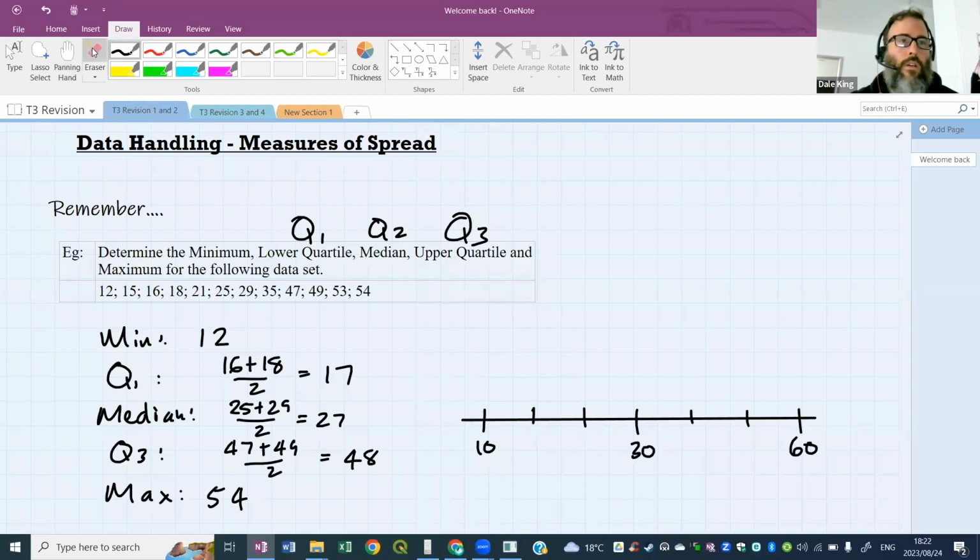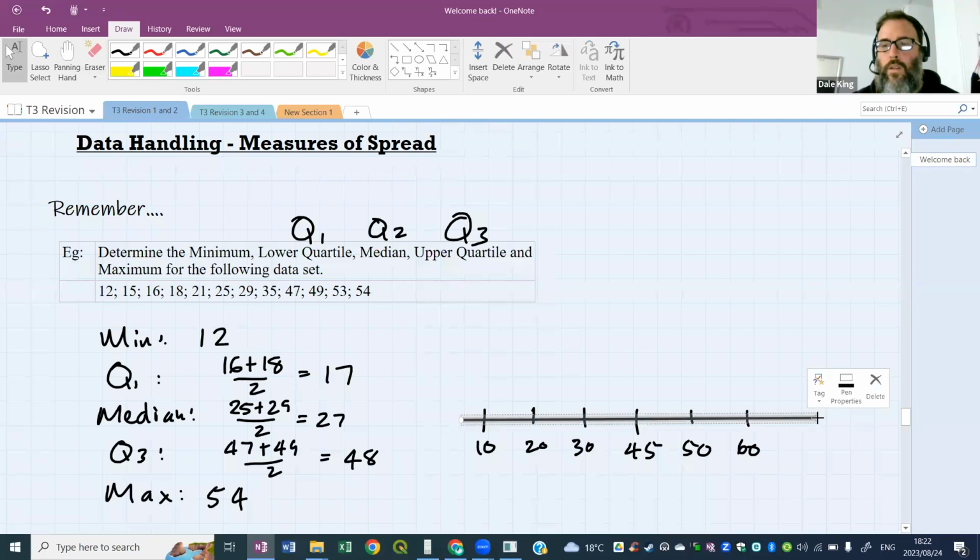Oh, guys, that's wrong. 10, 20, 30, 40, 50, 60. All right, we don't need this thing at the end there. I can make this ruler shorter. All right, there we go. So there's our ruler. Okay, from 10 to 60.